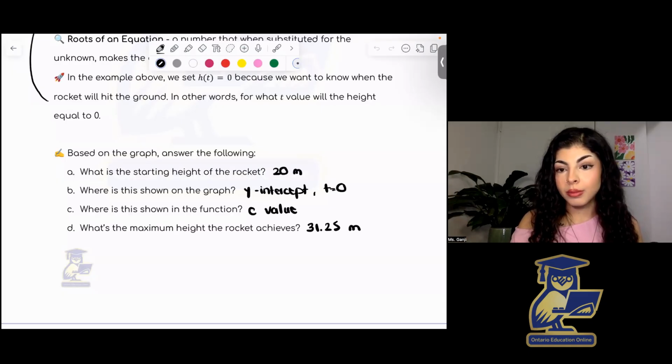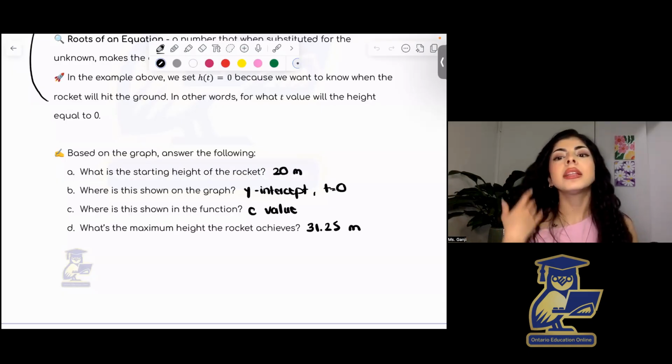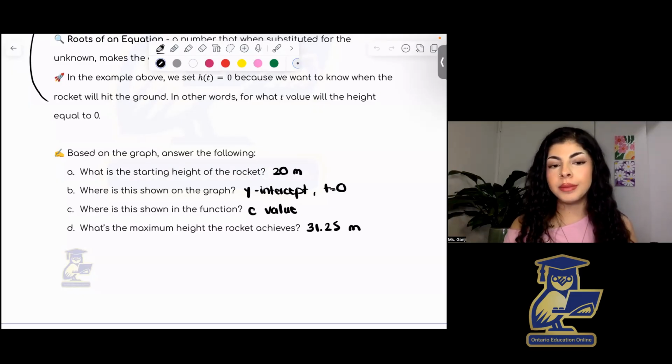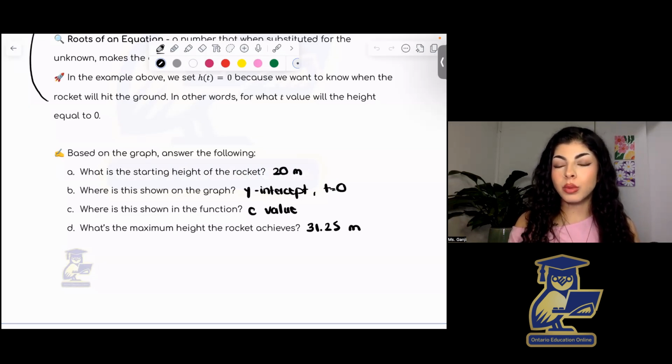Now you've seen the height of a rocket modeled by a quadratic function. And at the start of this lesson, I shared a link with you on the height of a water balloon thrown by a group of students who were actually studying the quadratic function. And as we continue, I want you to also consider other real world problems that can be modeled with the quadratic function.